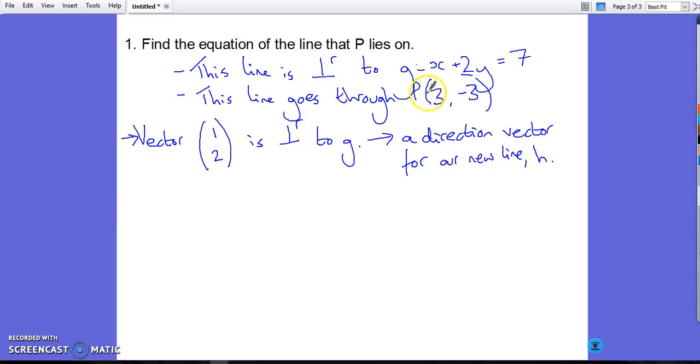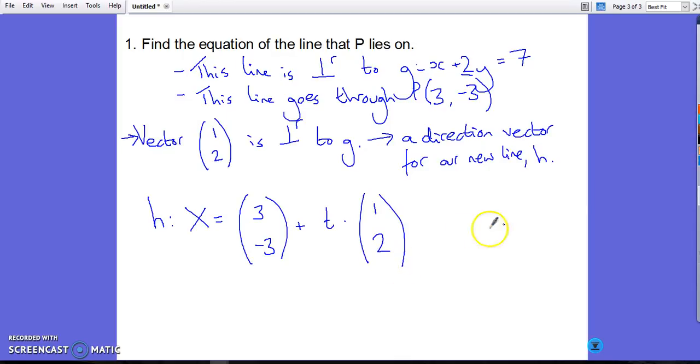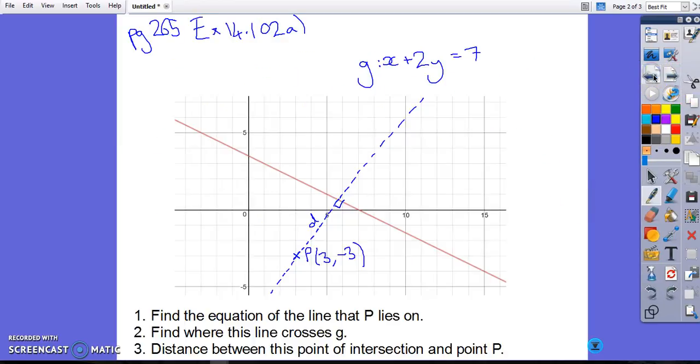This then leads us very nicely into getting a vector equation for the line H. Because for the vector equation for the line H, we need a starting point, and we already know that the line goes through P, so we have a starting point, 3, -3, plus t times the vector 1, 2. And we can check this line with our sketch.